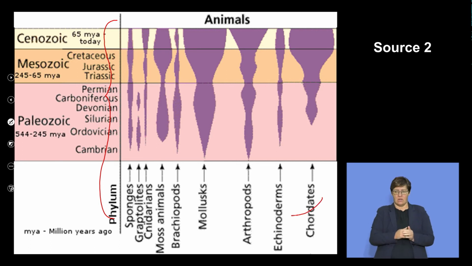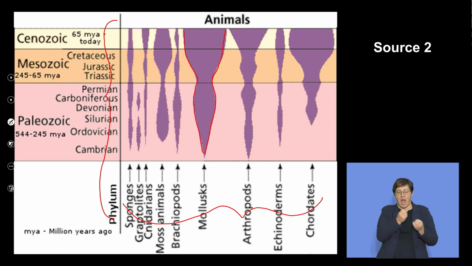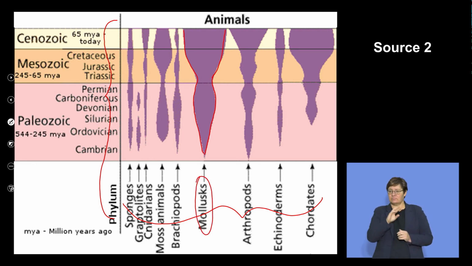At the bottom is a variety of different living organisms, and what these purple things are, it's almost like a bar graph, but what happens is the width of the bar actually gives you an indication of the biodiversity. In other words, how many different types of mollusks. And if we have a look, what I've just been outlining is mollusks, and there's actually quite a lot of different types of mollusks.